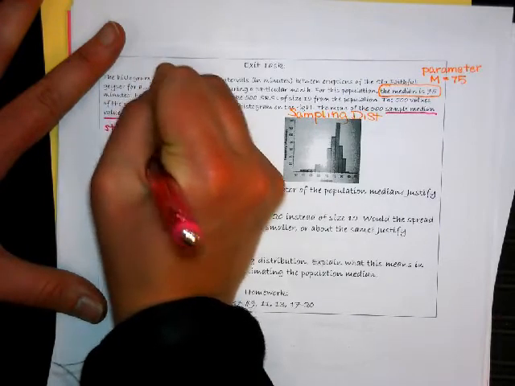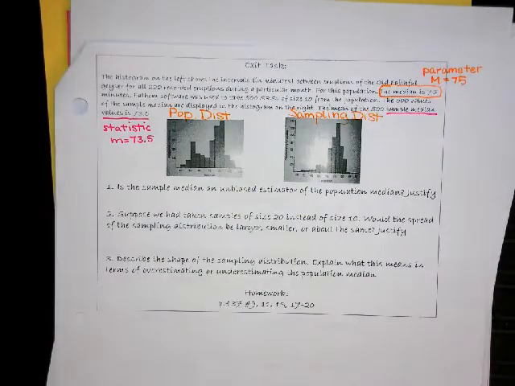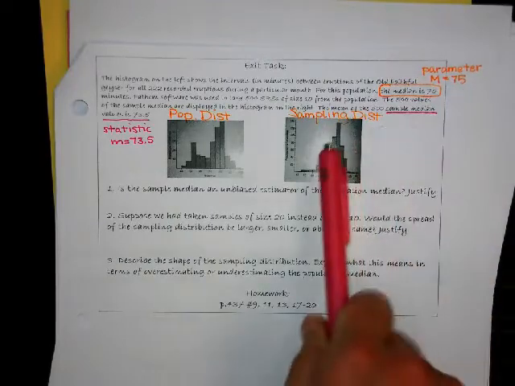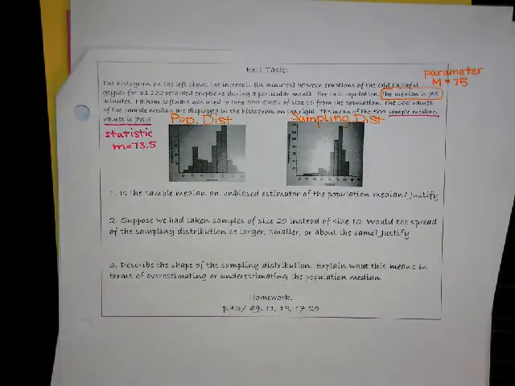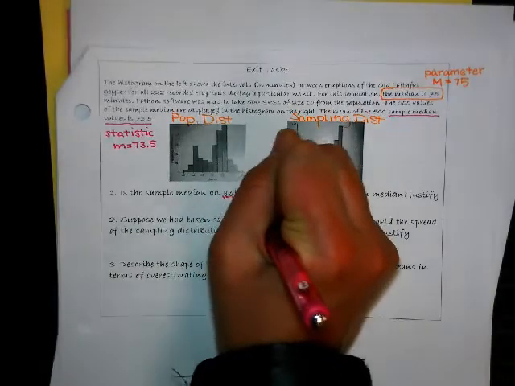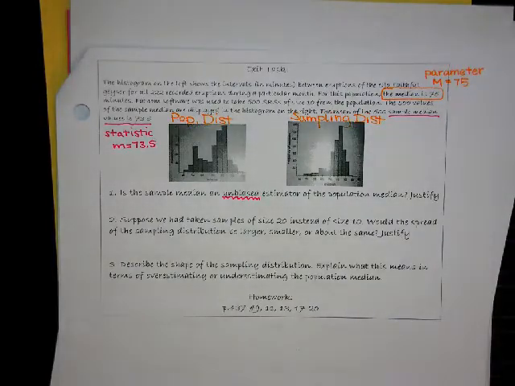So the first question says, is the sample median an unbiased estimator of the population median? Unbiased means that there is no bias at all. We would have to be completely the same with our parameter and our statistic. So our statistic is lower than our parameter, so we did underestimate, so we do have bias. Unbiased means no underestimation or overestimation at all.